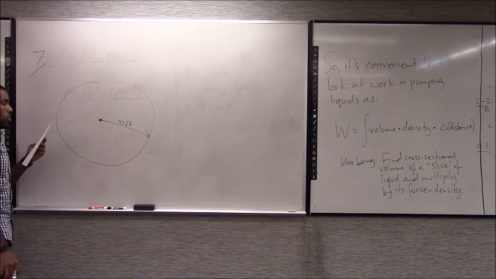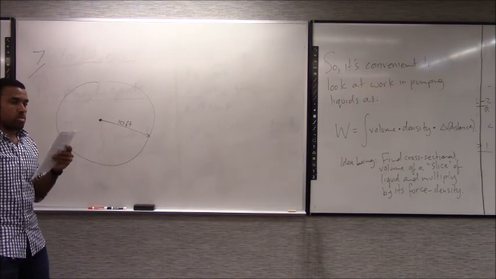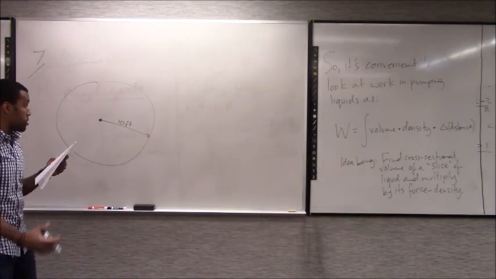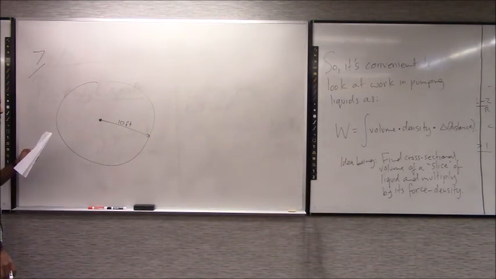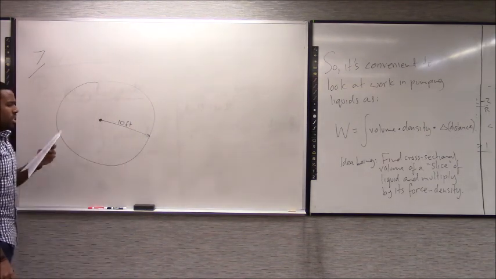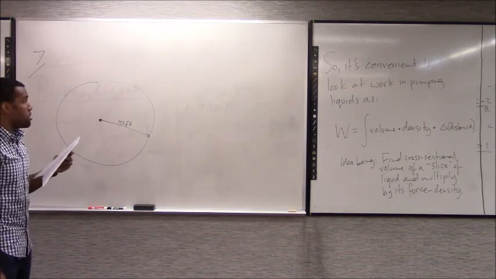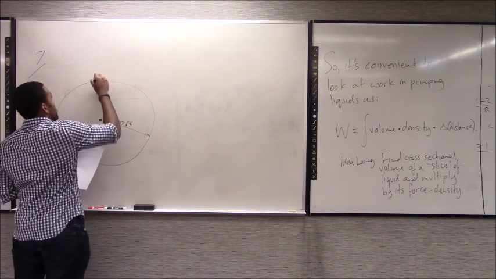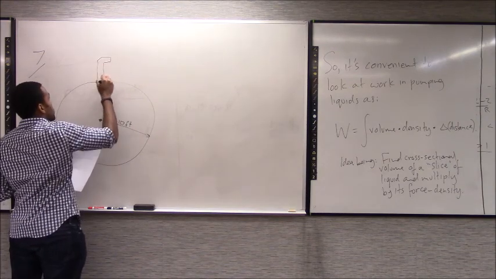It is filled with liquid of density 20 pounds per cubic foot. So every cubic foot of this liquid that the tank is filled with weighs 20 pounds. The tank has, it says 5 meters there, but that should be 5 feet. There's a 5-foot spout at the top of the tank.